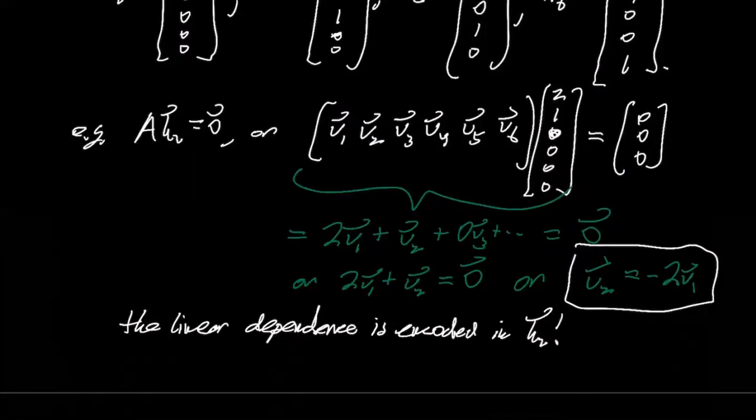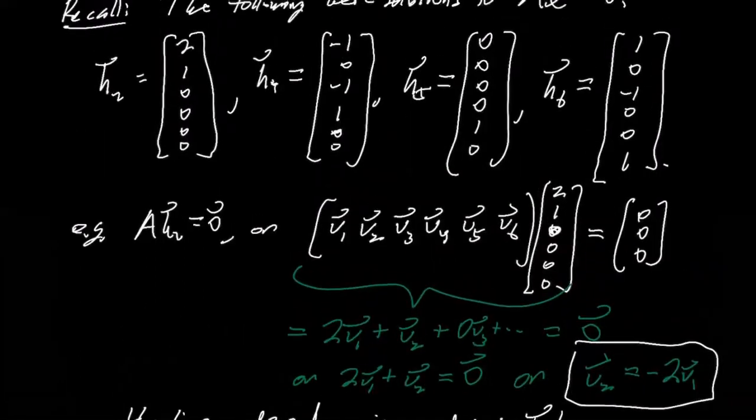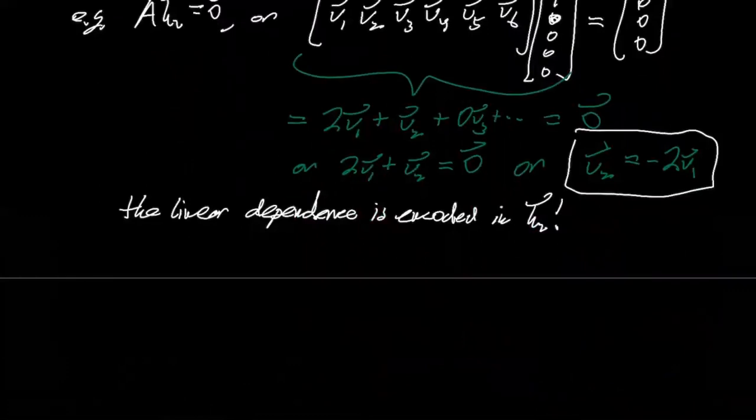That's exciting. What if we do the same thing? Let's do the same thing for the H6 vector. You tried for H4, but let's try AH6, right? AH6 is 0.